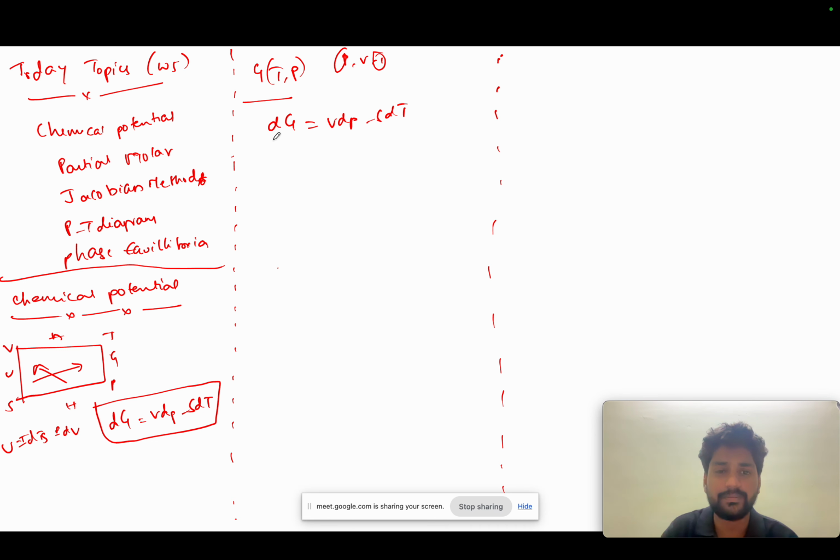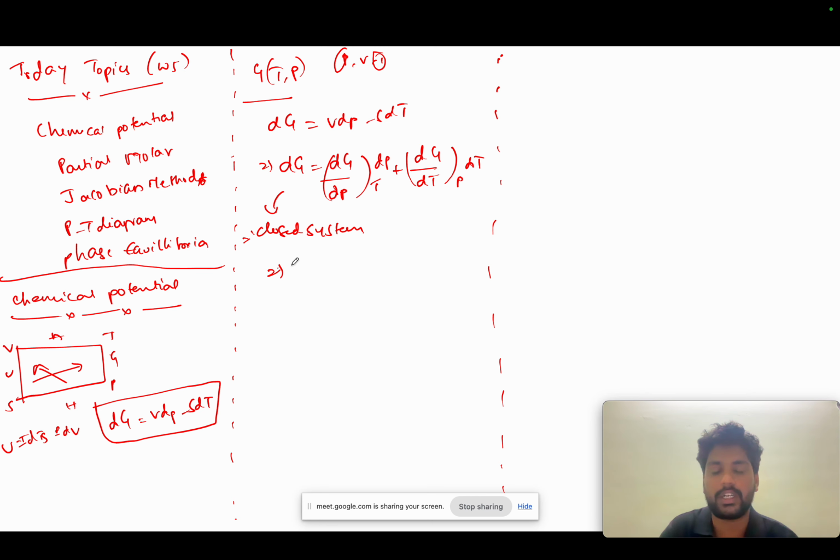If I write it in another form, we can write dG equals (dG/dT) at constant pressure dT plus (dG/dP) at constant temperature dP. Now this is for a closed system.